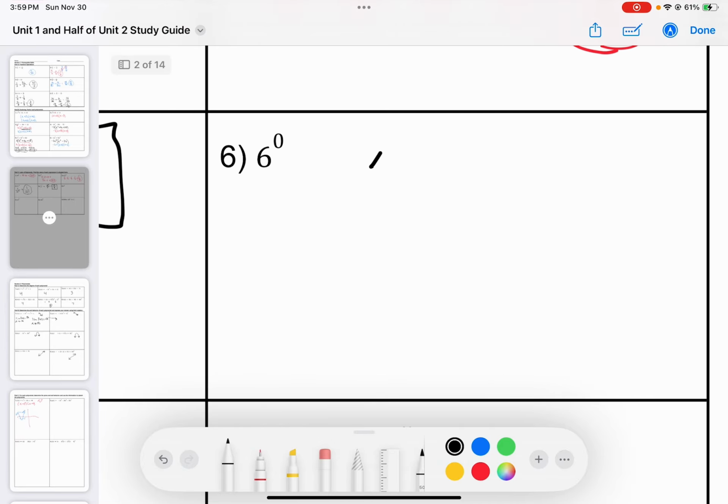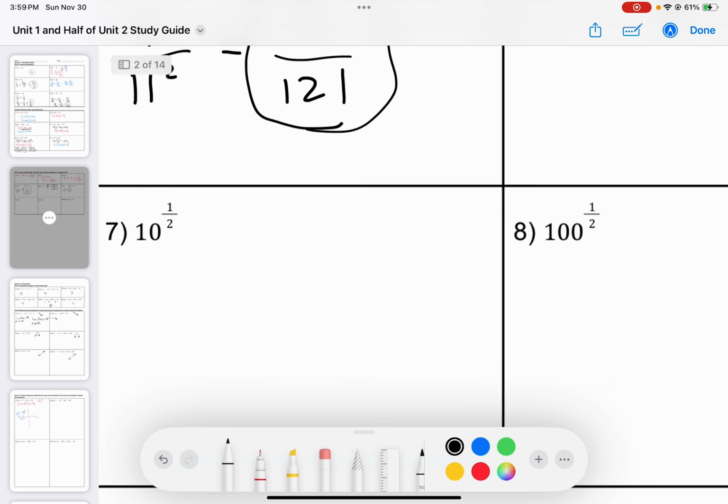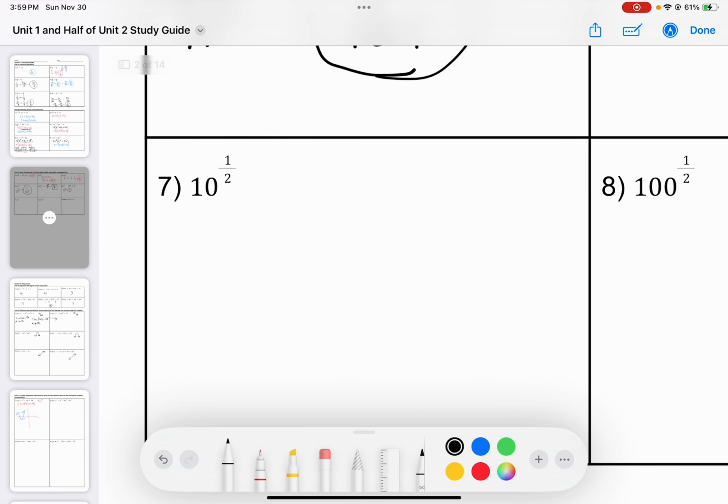Any number to the 0th power is equal to 1. So 6 to the 0 is 1. Okay, fractional exponents really just mean radicals. So 10 to the 1/2 is really the square root of 10, right? There's a 2 right here in the square root. We don't really need to write it. The square root of 10 is an irrational number, so we can just leave it as the square root of 10.